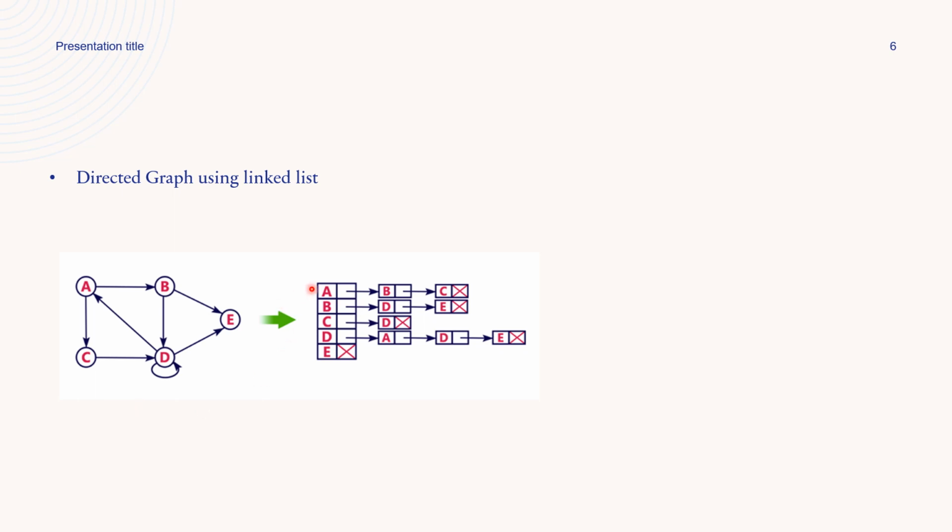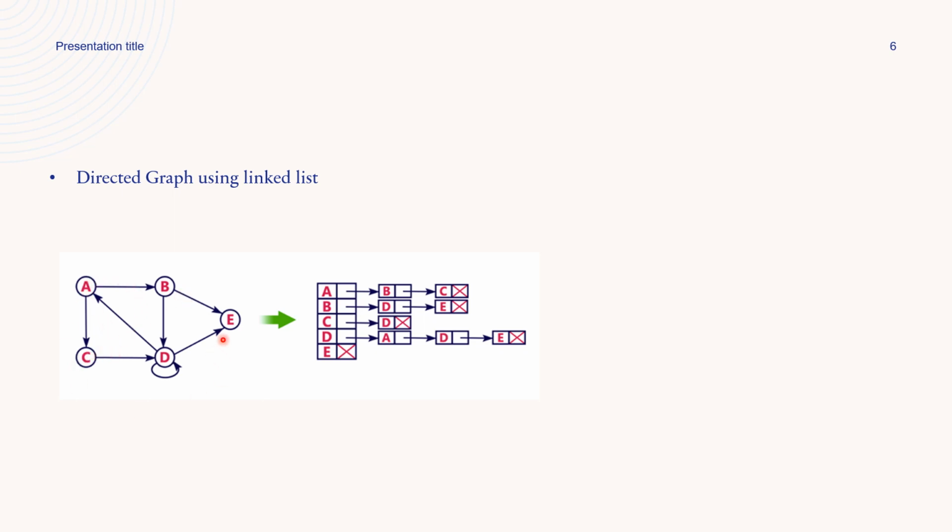Here we need to define each and every node as a head node, and then we just link their adjacent nodes. As you can see, the adjacent nodes for A are B and C, as it is a directed graph.